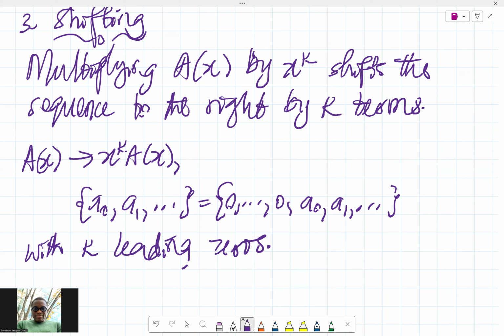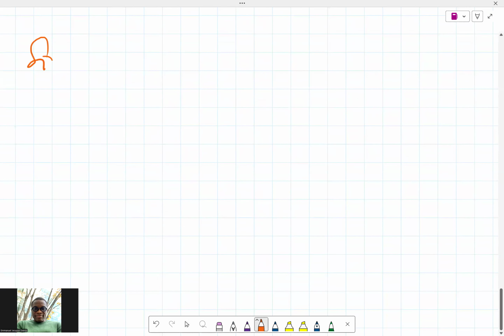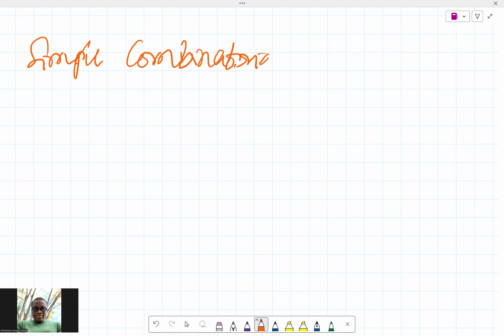Okay. So let's talk about simple combinatorial interpretations. Combinatorics is all about counting, right?